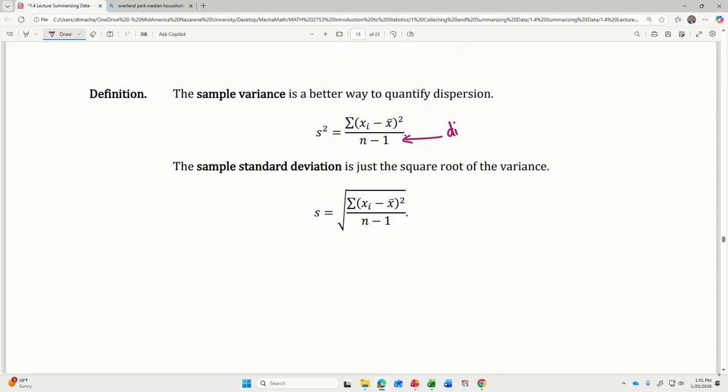Because dividing by n minus 1 removes that bias I was talking about. So that sample variance is an unbiased estimator of population variance.